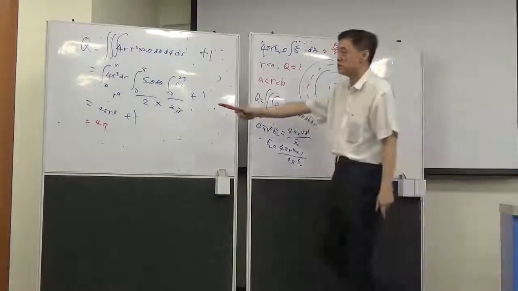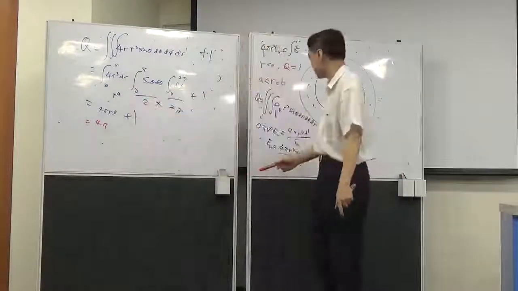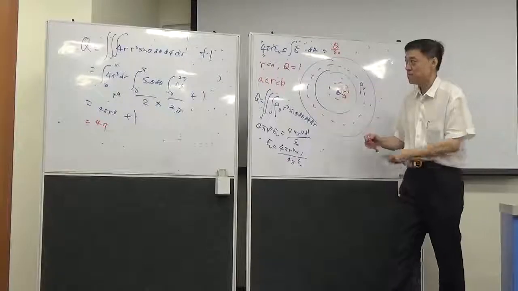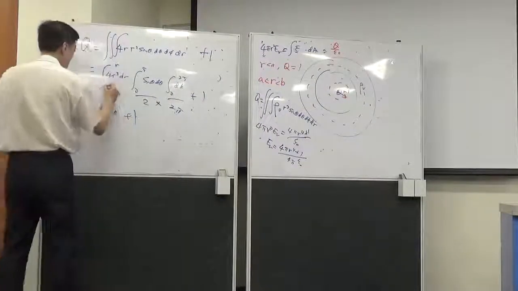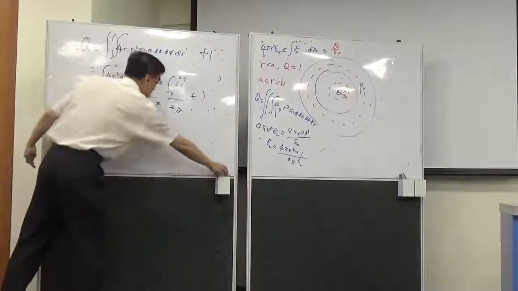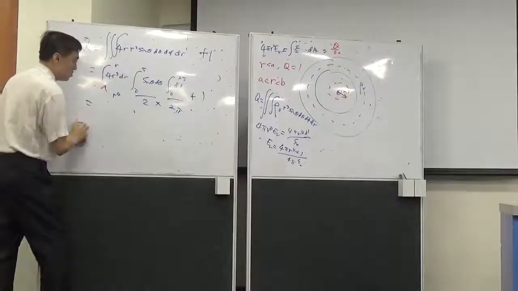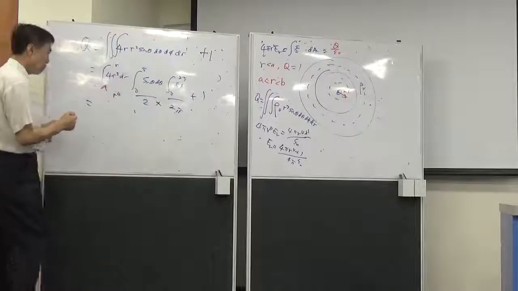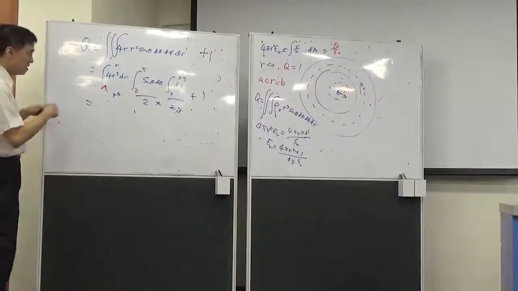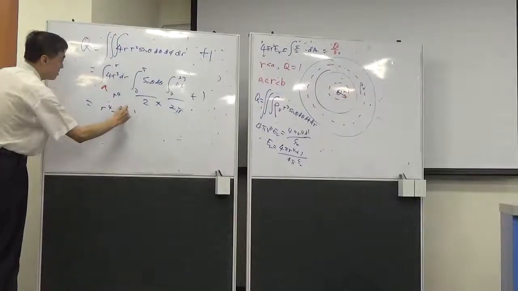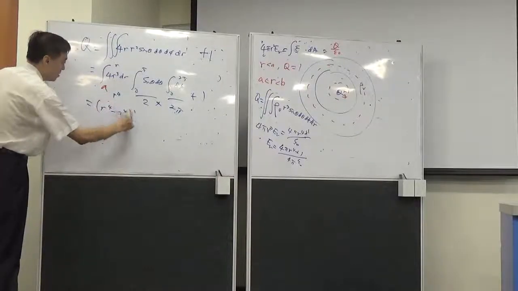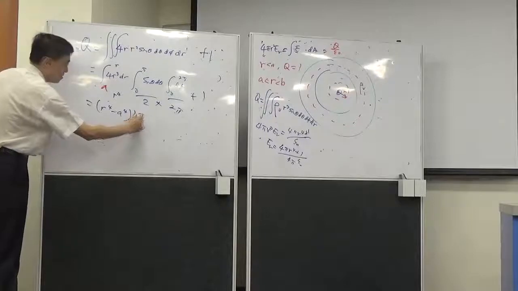I just wrote 0, which is wrong. It is from a to r. So this is equal to r to the fourth minus a to the fourth, times pi, plus 1.